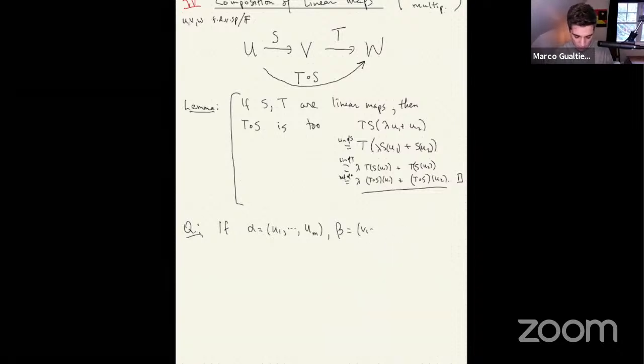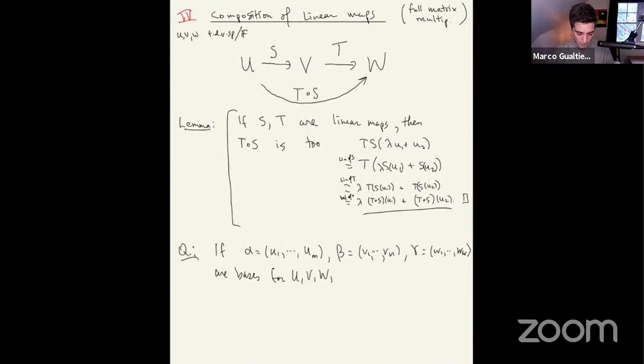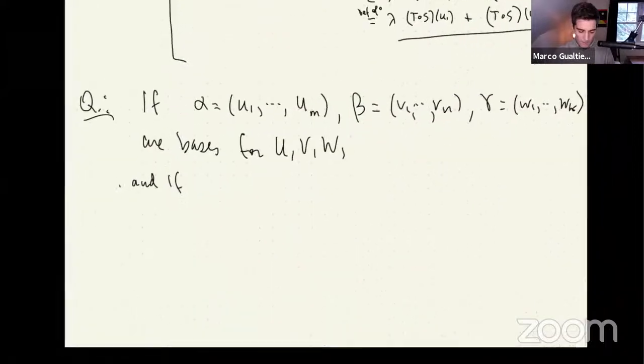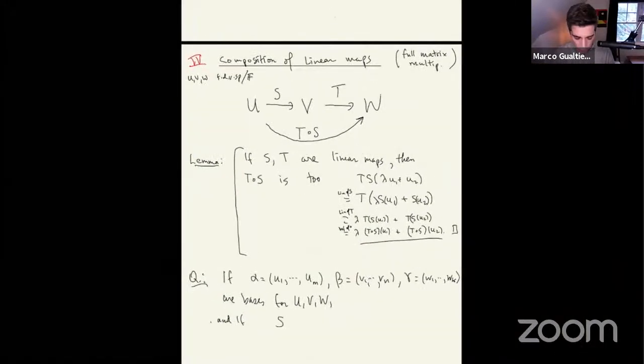Beta was v1 up to vn, and gamma was w1 up to wk, are bases for U, V, and W. Okay, since I've chosen a basis, let me draw the basis in green.